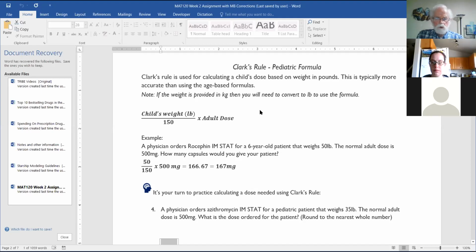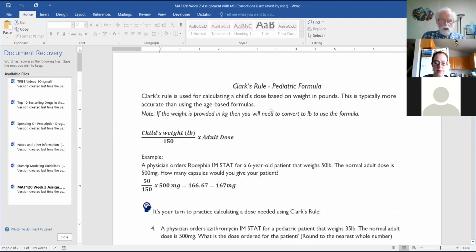So we're going through a reduction formula, and this is out of the week 2 assignment download. I will be going through this and pointing out some places where there's some misleading information.